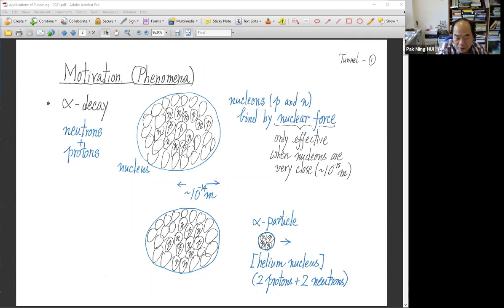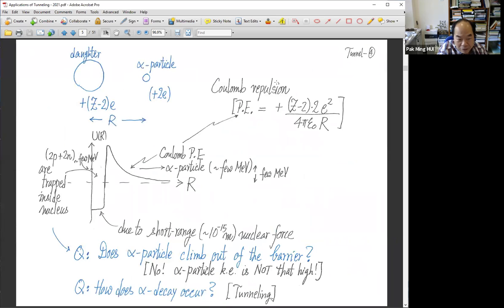So for that reason, when the separation of the alpha particle from the nucleus is within this range, it means this alpha particle lives here temporarily. It is being bound to the nucleus. And we know a quantum well will bind. So I will draw a well here just to trap the alpha particle.